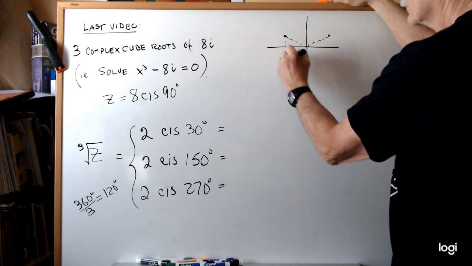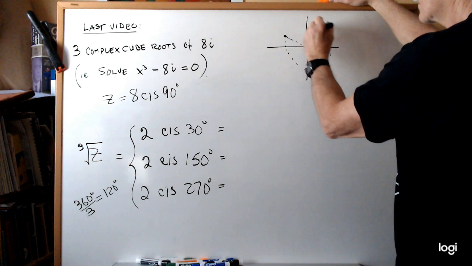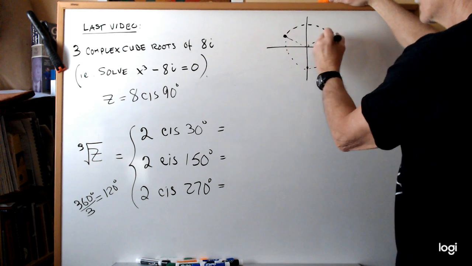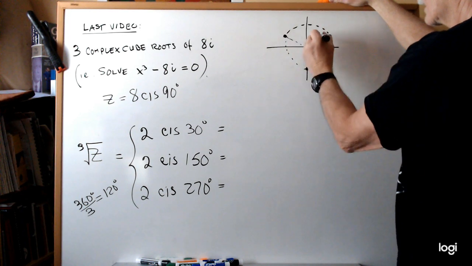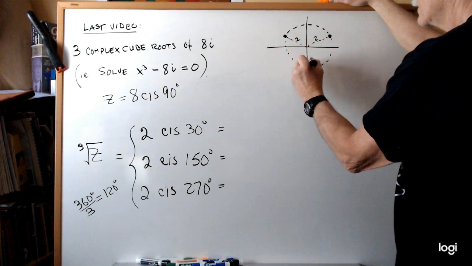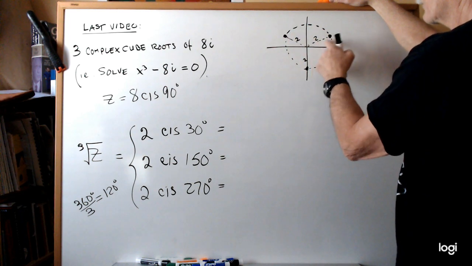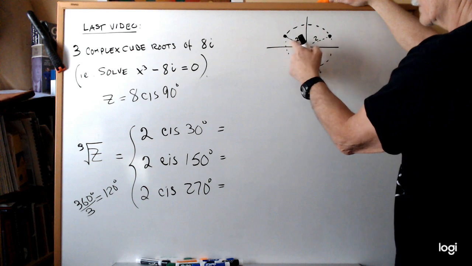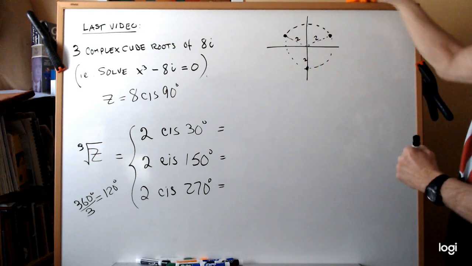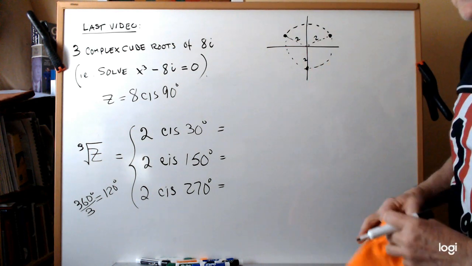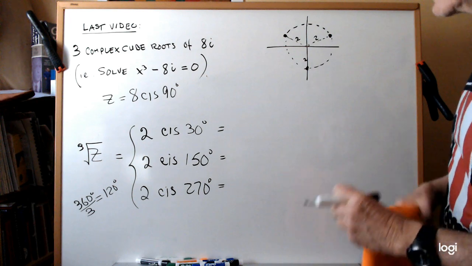And these 3 roots are equally spaced, 2 units away from the pole, at 30 degrees, 150 degrees, and 270. So there definitely is a geometric aspect of these problems.